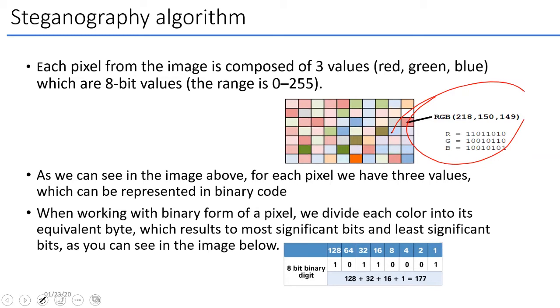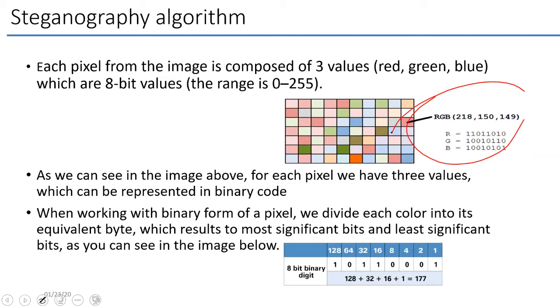Red has a value of 218, green has 150, and blue has 149, which gives the color that is given here. So keep that in mind. We saw that a digital image can be boiled down to pixels, and a pixel can be further boiled down to 3 independent bytes of the RGB color model.